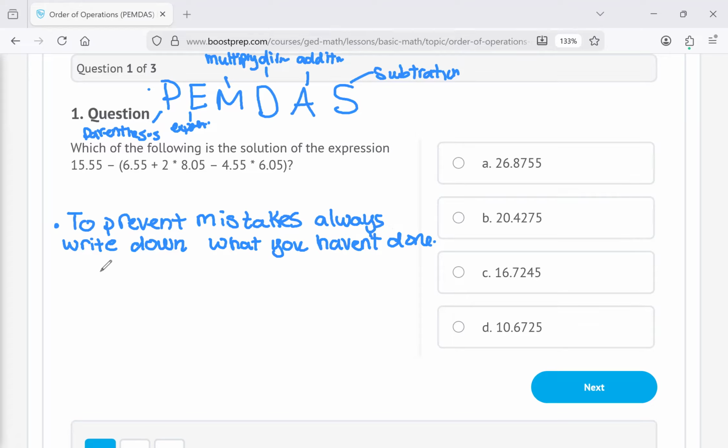Another key note is if you have both multiplication and division, always start from left to right. The same rule applies if you have addition and subtraction.